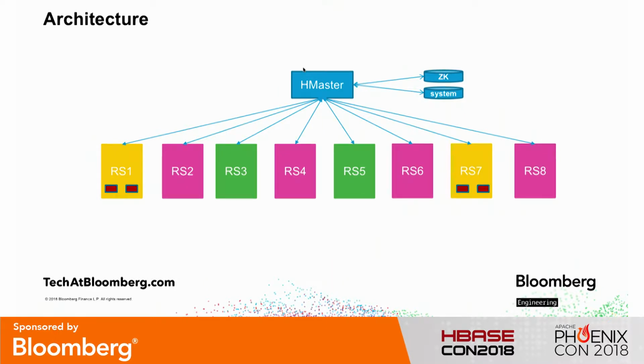So in this case, if the red table is defined to use only the region server group yellow, then all the data goes into that region server group, and the workload is partitioned that way. The CPU and the memory for that group will be using only region server 1 and region server 7.